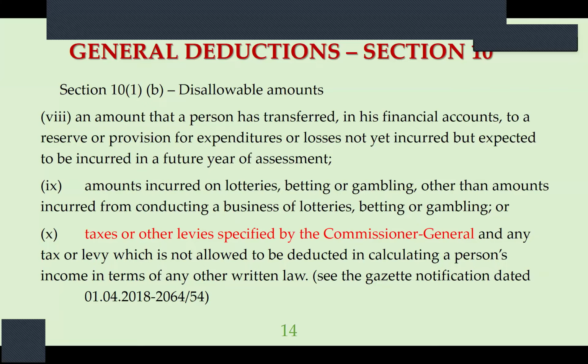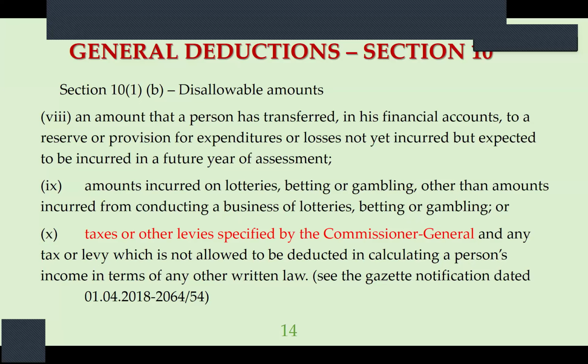in the sources, when I was explaining the four sources, I told you that winnings from lotteries, betting or gambling are also a part of income, that is investment income. If we consider that kind of income under the investment income source, the deductions are not allowable.